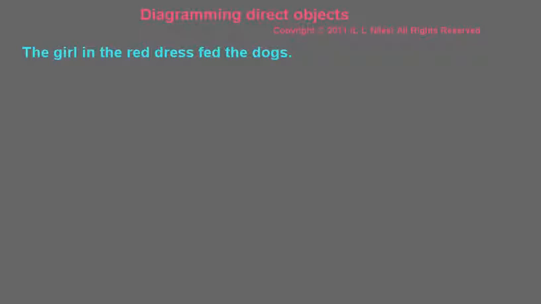Can you spot any? I can. And I see that in the red dress is a prepositional phrase which for the time being we are just going to get out of our way.